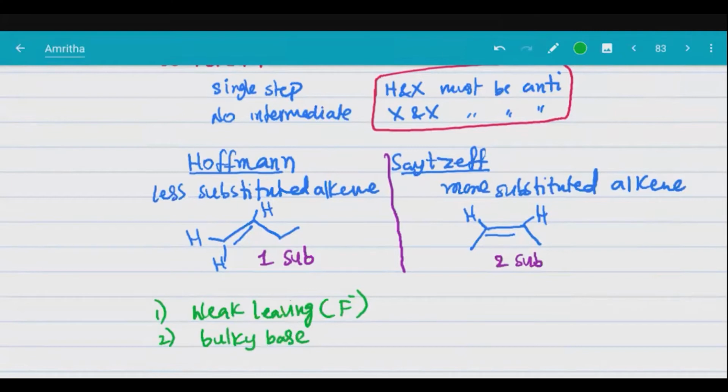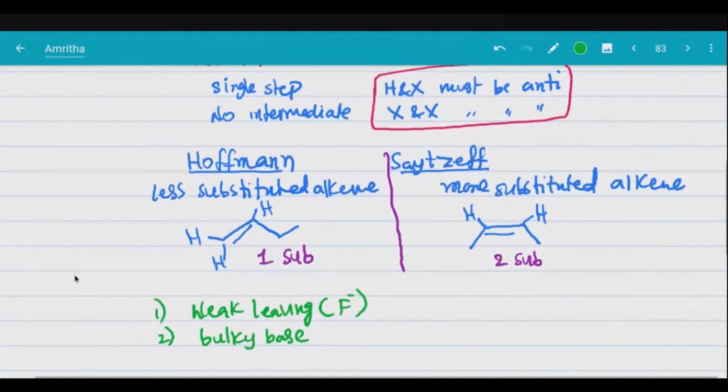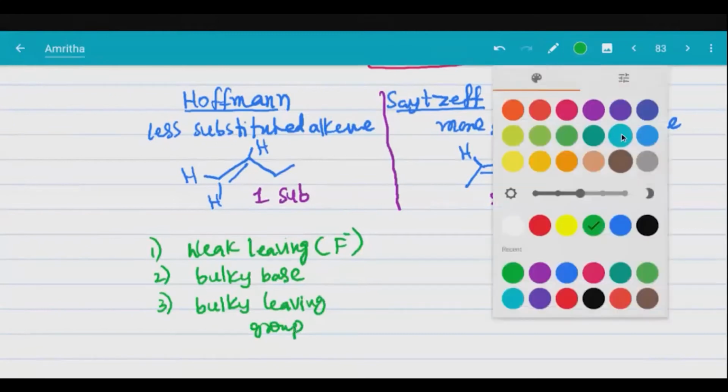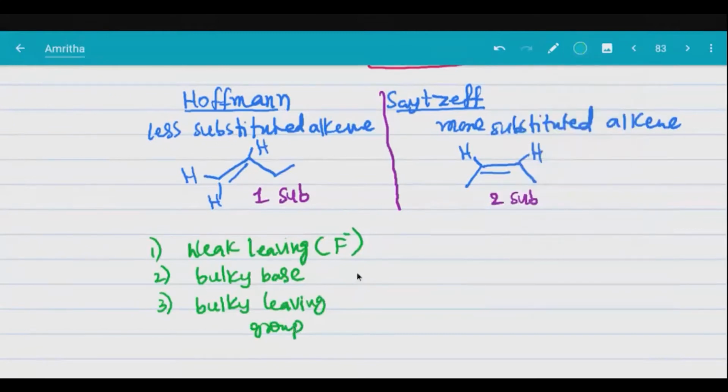If that kind of base is attacking, yes, Hofmann is major. And next, a bulky leaving group also. I'll give examples here. Bulky base is this one, tertiary butoxide. It's a very big base, 4 carbons and this.